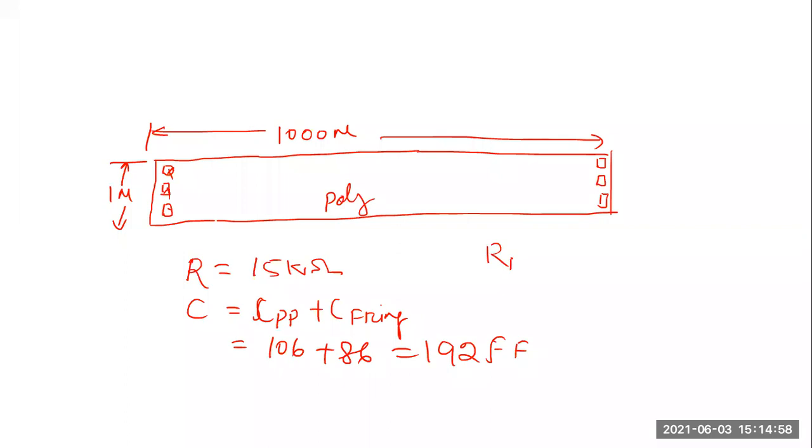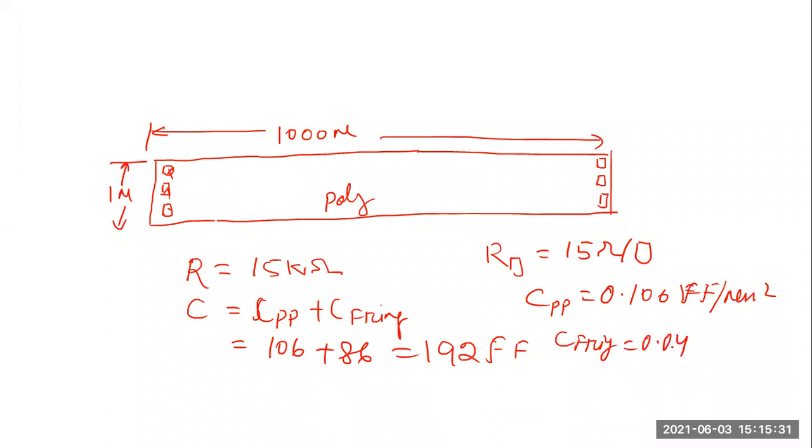So R sheet you have used: R sheet is equal to 15 ohm per square, CPP is equal to 0.106 femtofarad per micrometer square, and C fringe is equal to 0.043 femtofarad per micrometer.